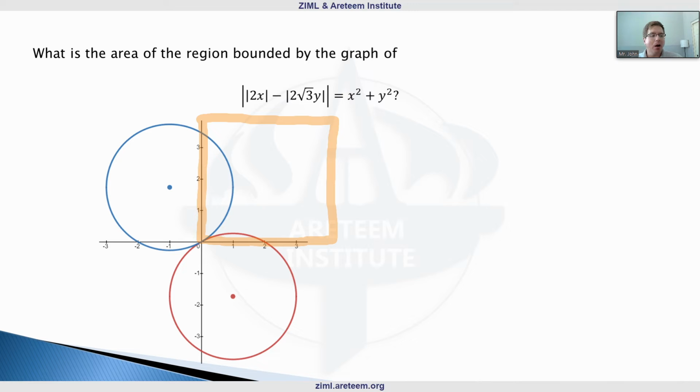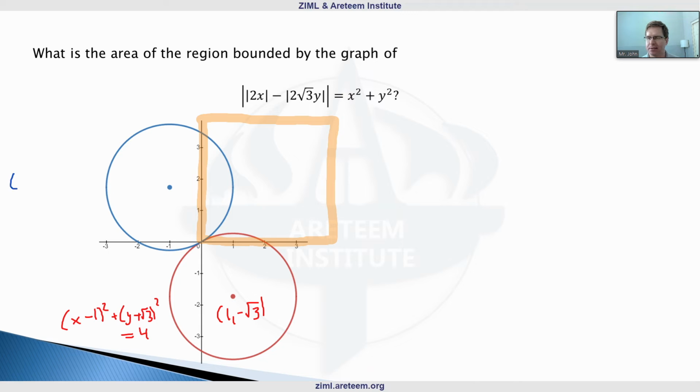It's not too hard to see that both of these circles contain the point (0, 0). For reference, let me quickly label the circles. In red, we have (x minus 1) squared plus (y plus root 3) squared is equal to 4. And so this point right here is (1, negative root 3). And we have the same thing in blue, except flipped around.